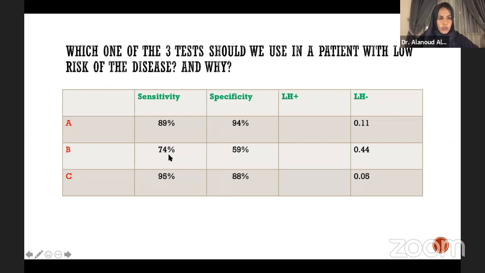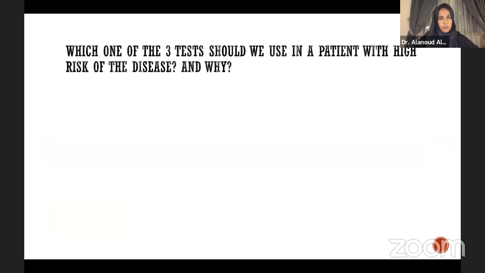Quick recap here. Which one of the 3 tests should be used in a patient with high risk of disease, and why? Here you need to use a highly sensitive test, because the pre-test probability is low.